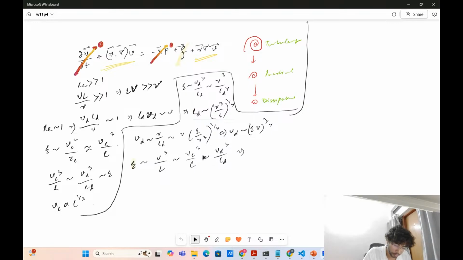Therefore, you can get the length scale in this turbulent regime versus the length scale in the dissipative regime, and you can compare how much the length has decreased from the turbulent to the dissipative regime using this velocity. Okay, and this will turn out to be, so v we can replace from here, epsilon nu to the power of 1 by 4, right?